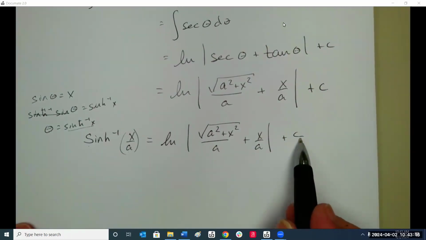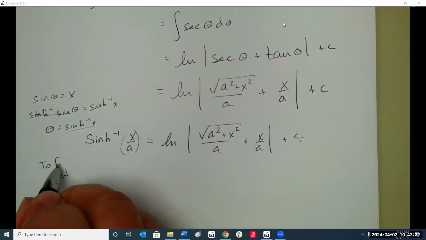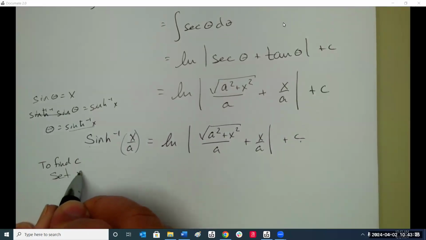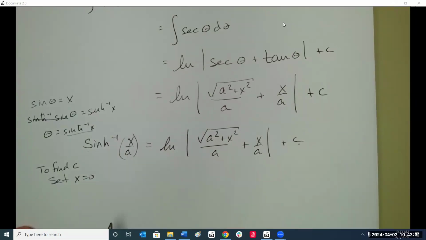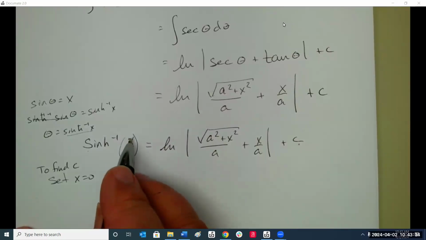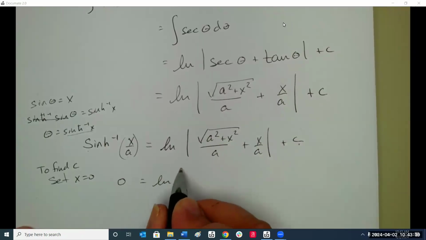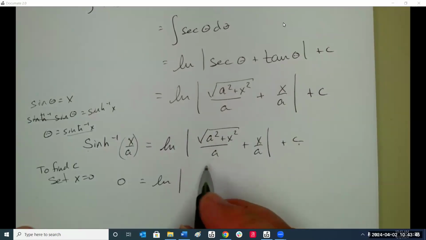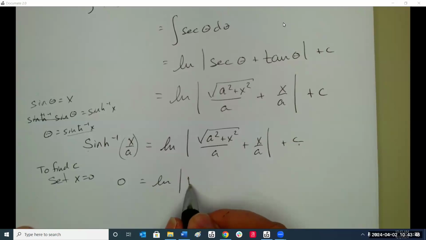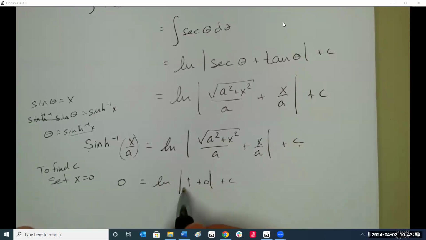So now we've got to find out what c is. To find c, set x equal to 0. So we have a squared over a, that's just 1, plus 0. ln of 1 is 0, so c is equal to 0.